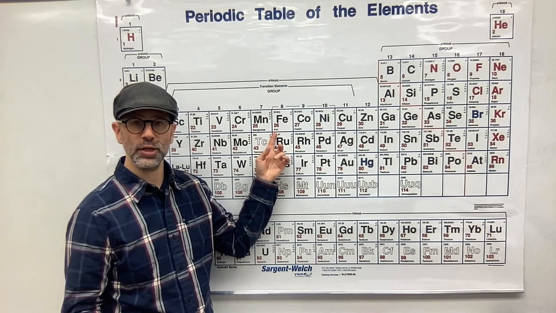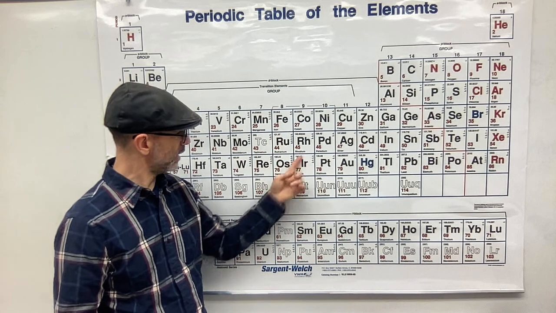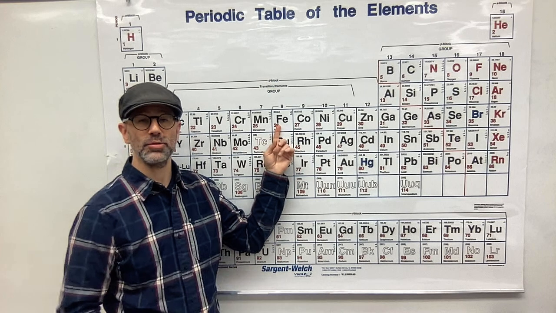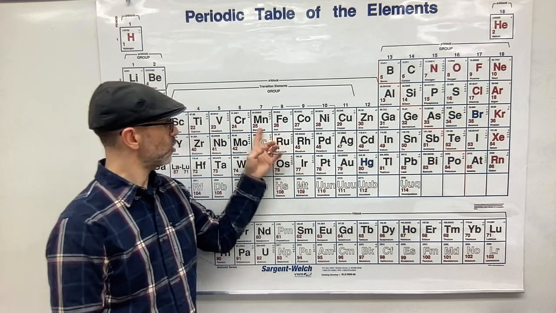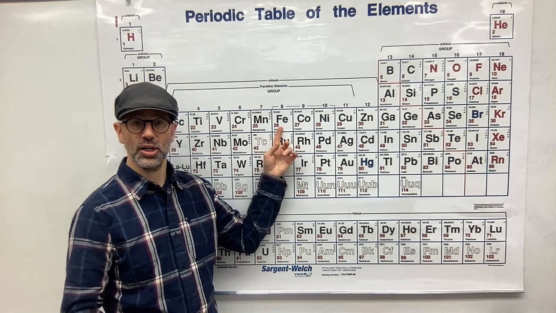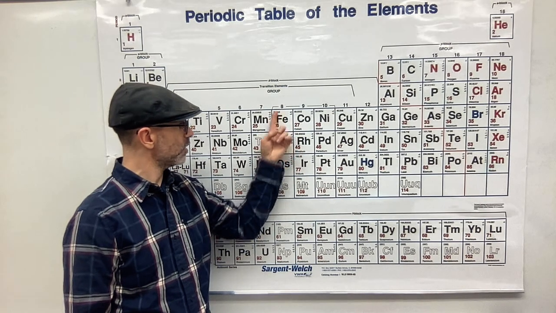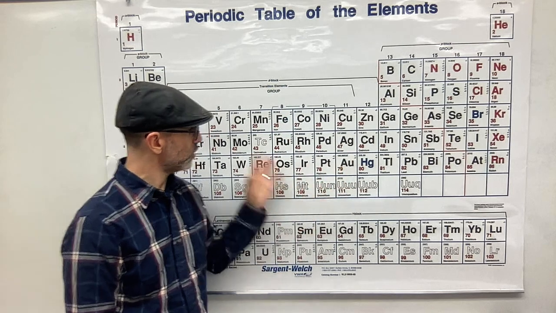Well, how did they get Fe from iron? Why not Ir, right? But Ir is down here. That's iridium, right? So, iron, the Fe comes from the Latin word for iron, which is ferrum, right? So Fe comes from the Latin for iron, and so do silver and gold and other elements, right?